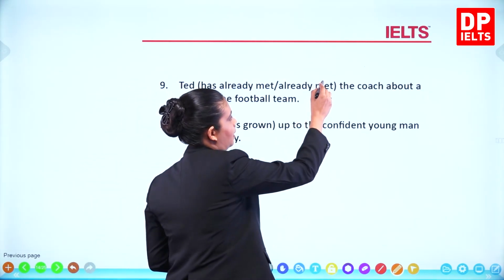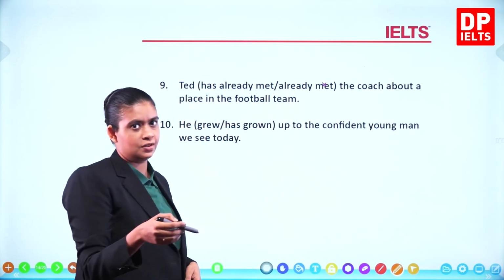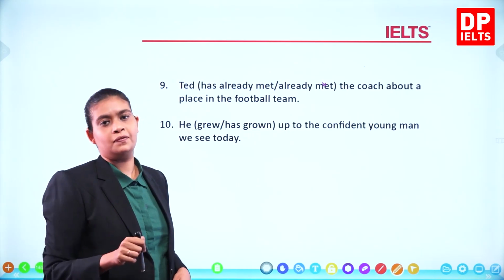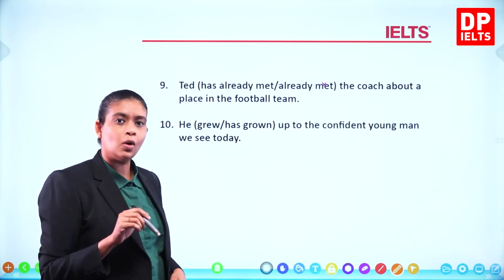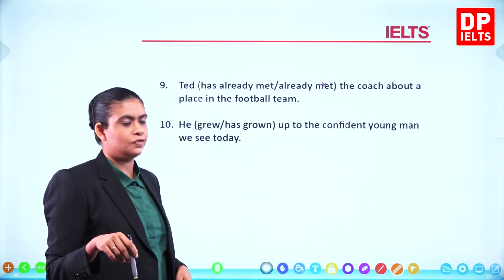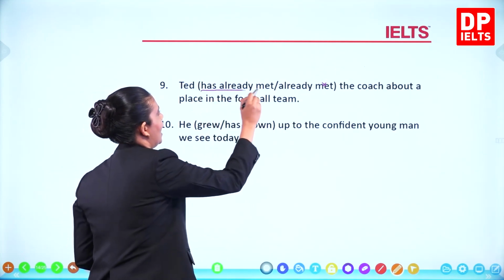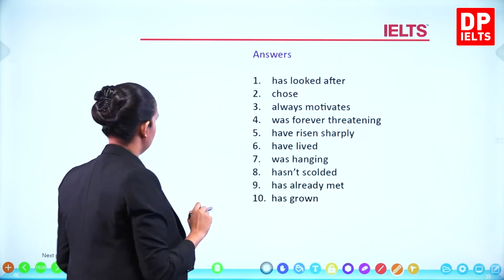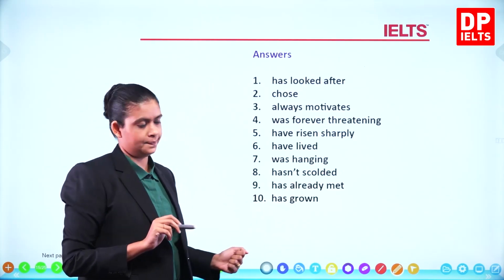This is in the past tense, so you can't use it. What can you use it along with? The present perfect. So then, what is the form of the present perfect tense? Has or have. So you have to have has already met. So that is our answer.